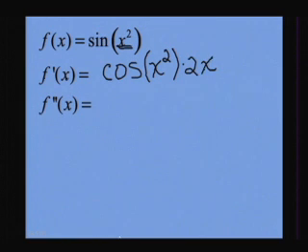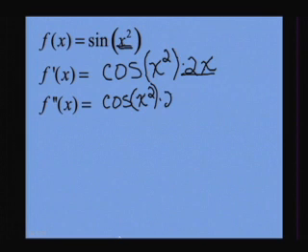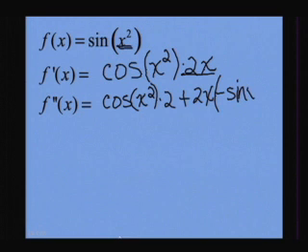And now, when we want to find the second derivative of this, we're going to have to use the product rule, which tells us to take the first function, cosine x squared, multiply it times the derivative of the second function, so the derivative of 2x is 2, plus the second function, which is 2x, times the derivative of the first function. The derivative of cosine is negative sine x squared. And then we need to multiply that, of course, using the chain rule, times 2x.